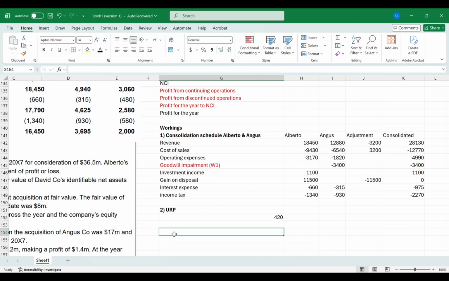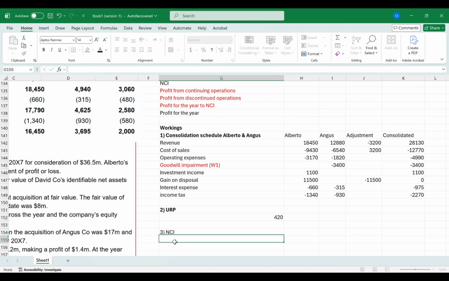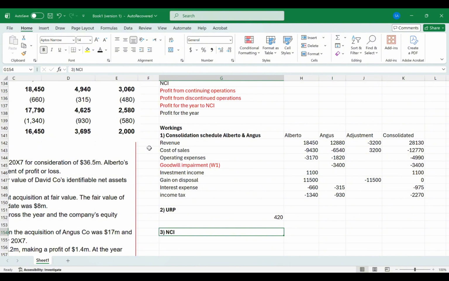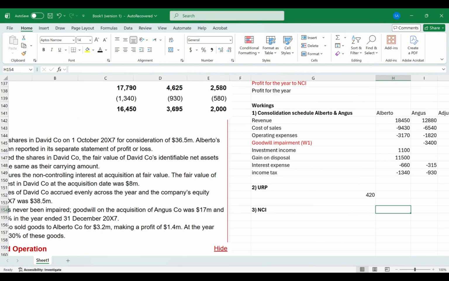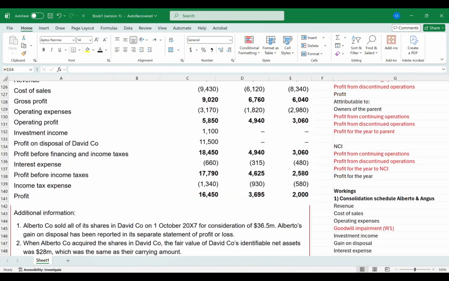Working number 3 is NCI. So this is the profit part, right? Profit that is allocated to NCI. First, see how much you acquired of Angus.